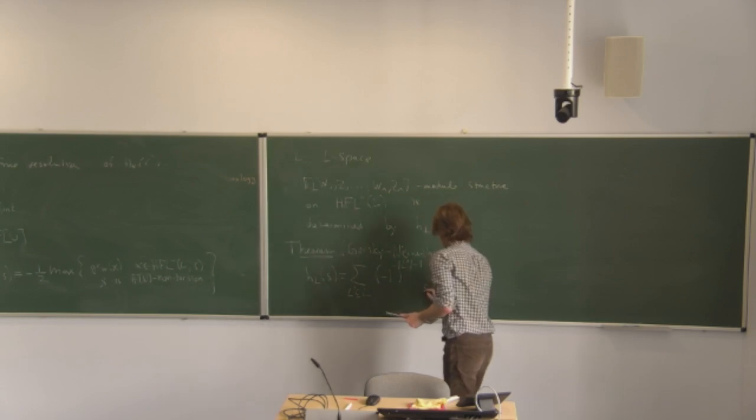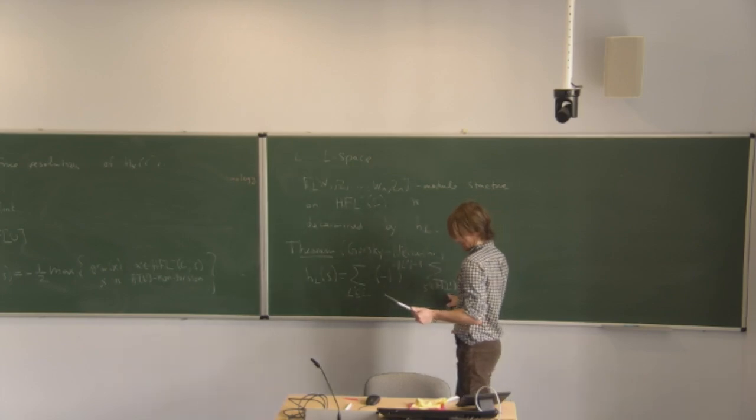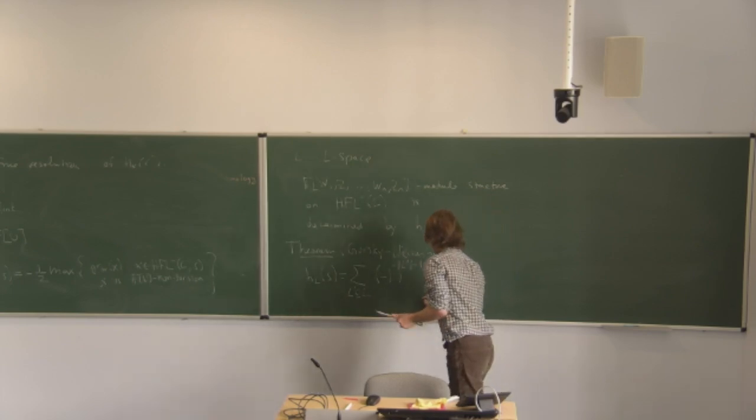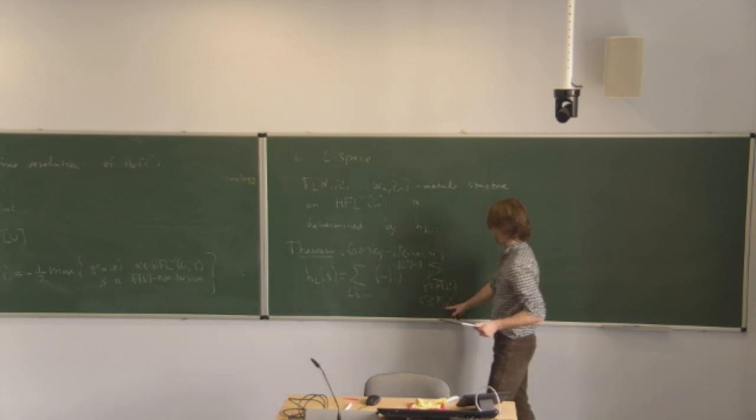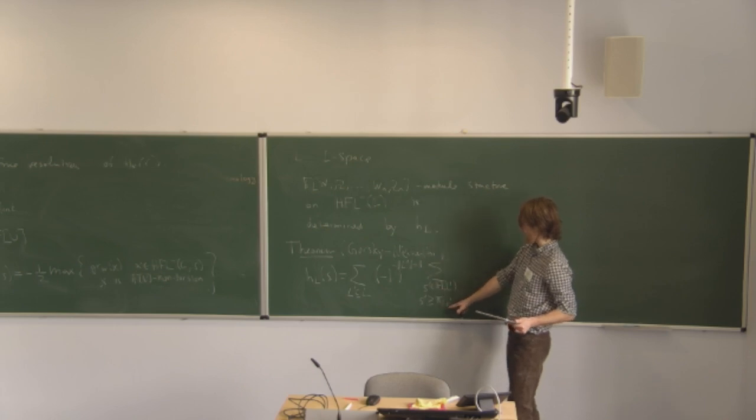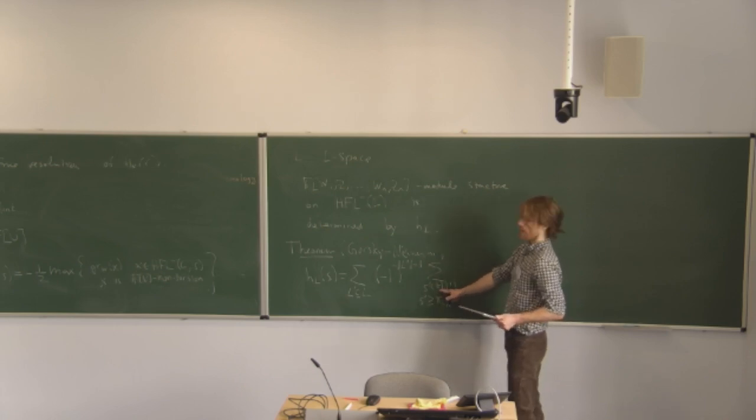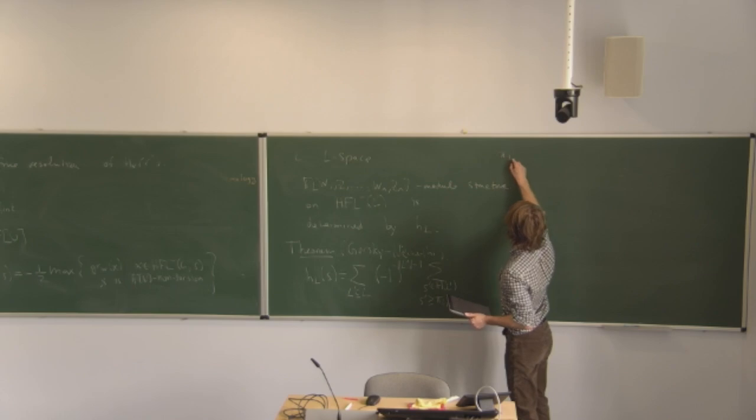And then we have to sum over Alexander gradings in the lattice of the sublink. So I'm going to sum over all the Alexander gradings in the lattice of the sublink, and I want them to be greater than or equal to, I won't tell you what this map is. There's some natural map from H_L to H_L'. I won't tell you the formula.